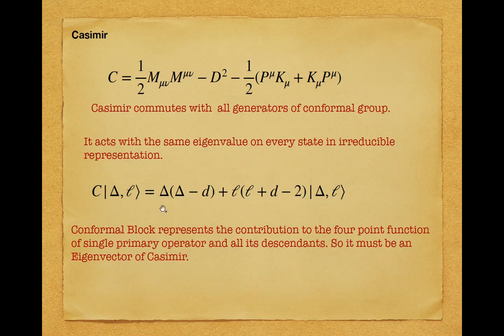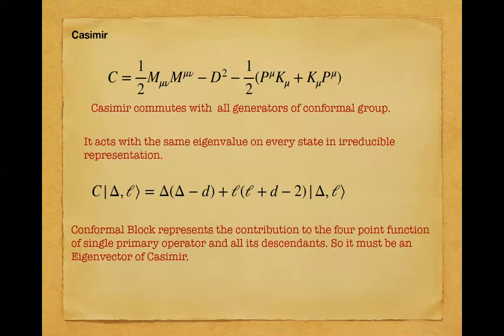Because the Casimir commutes with all other generators, if you consider any descendants and act with the Casimir, that will also give you back the same eigenvalue equation. The conformal block was computing the contribution to the 4-point function of a single primary operator and all its descendants.